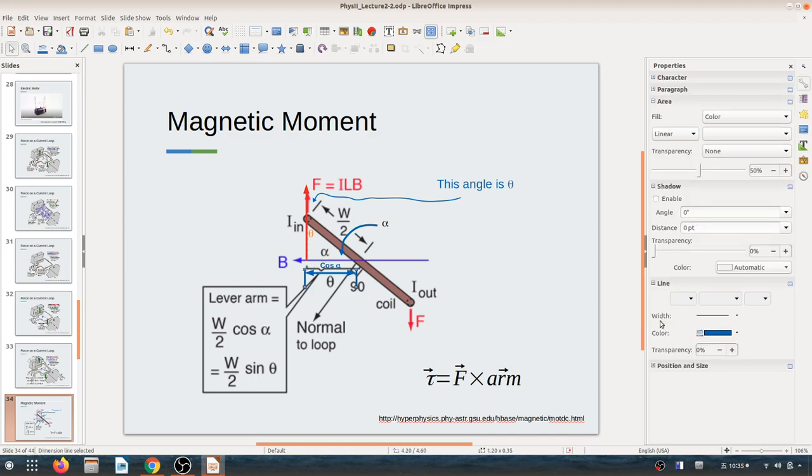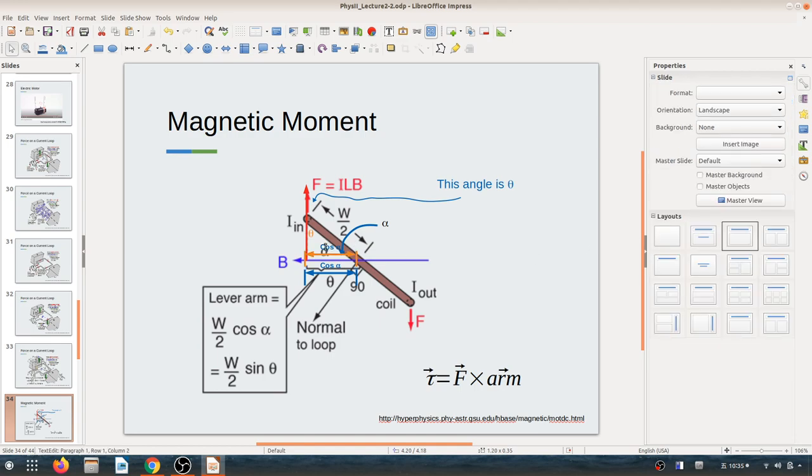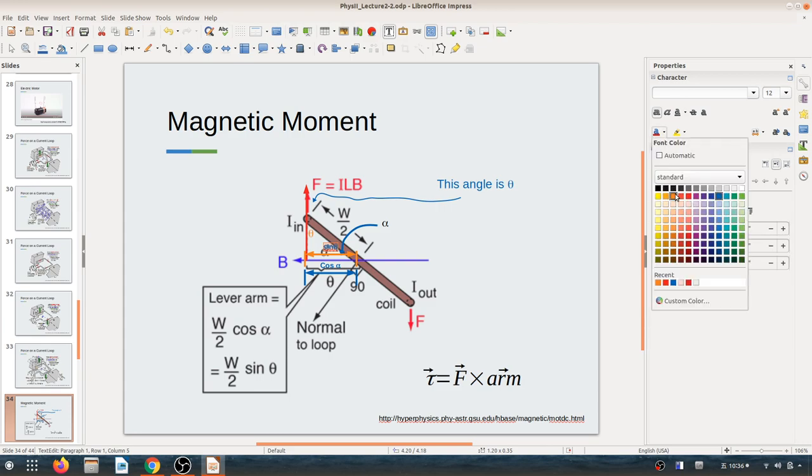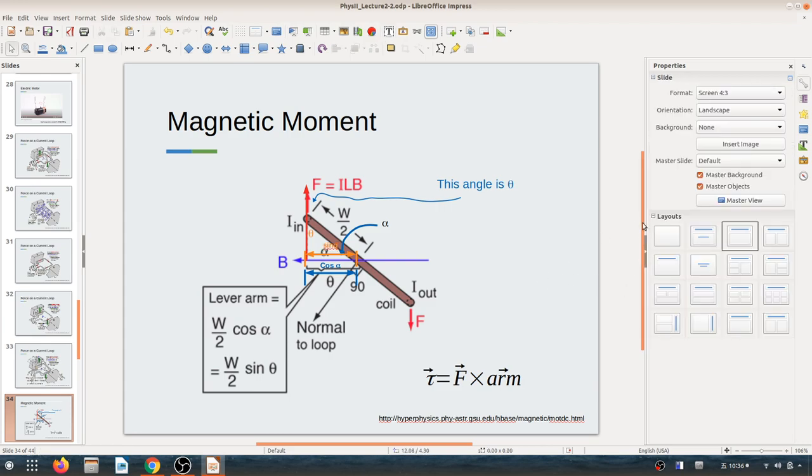So I hope this is clear enough. Yeah, so that's the reason why you can do a transformation like this. You are transforming the angles.